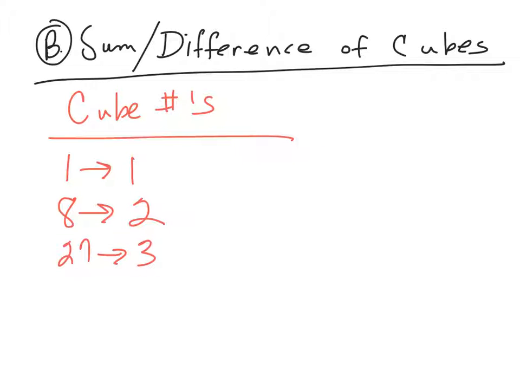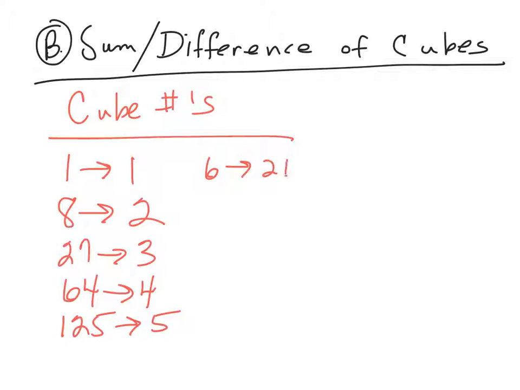Okay, here are a few more. The cube number for 4 is 64. The cube number for 5 is 125. The cube number for 6 is 216.